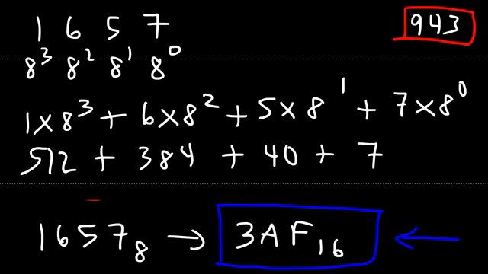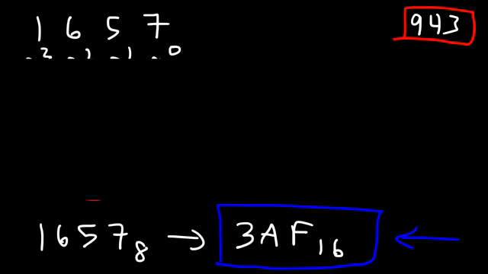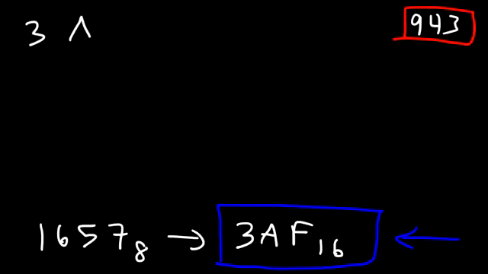So what we're going to do now is we're going to convert the hexadecimal number into a decimal number that is in the base 10 system and see if we get the same answer, 943. So we have 3AF.